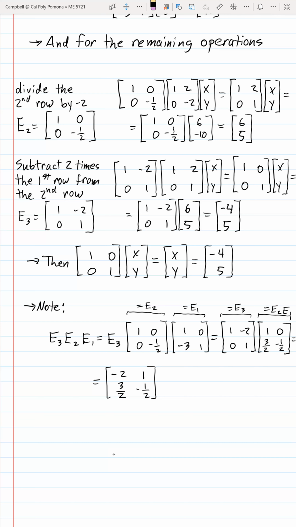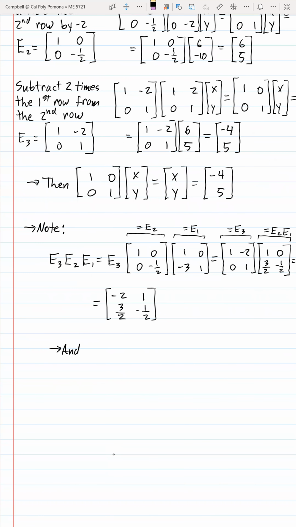And so instead of dealing with the equation the whole time, we can then just take at the very end this product of those elementary matrices, and we can just multiply the coefficient matrix by that 1, 2, 3, 4.